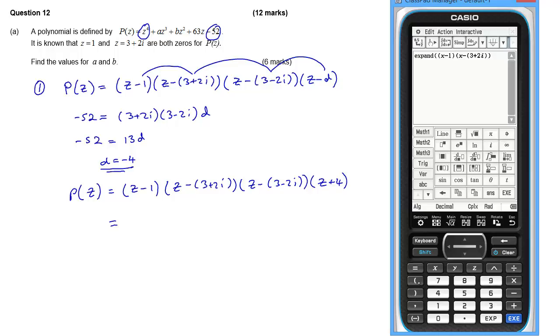And then we'll have x take away 3 minus 2i, and finally x plus 4.